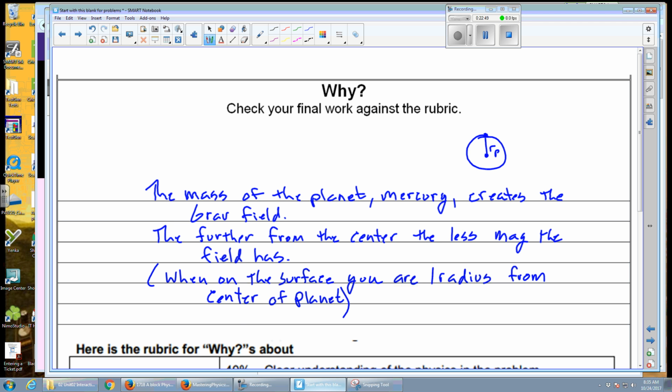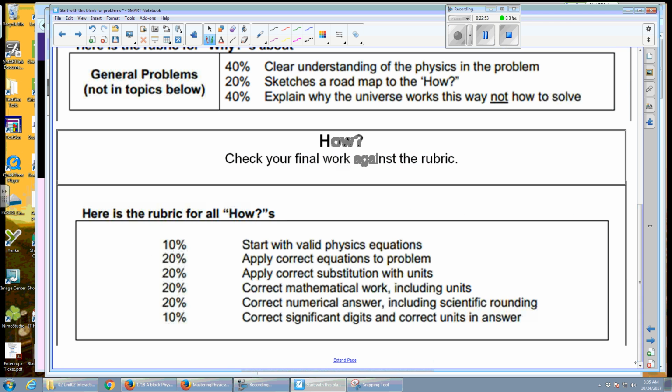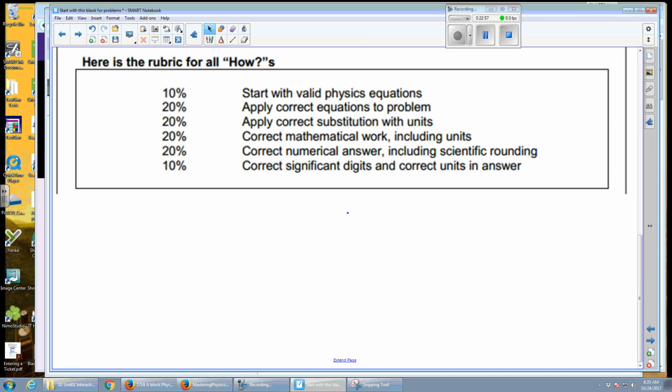You got that? Yeah? No. So, from my equation sheet, I would grab that gravitational field strength is big G mass of the planet over radius of the planet squared.